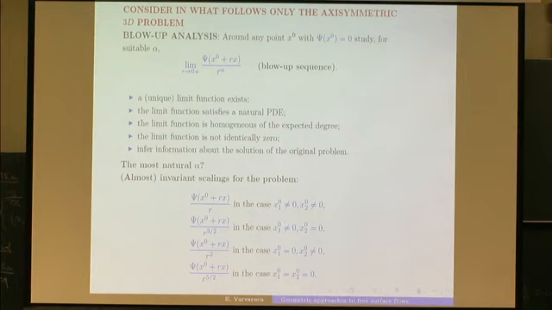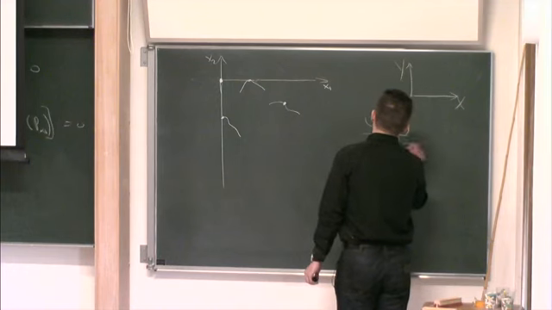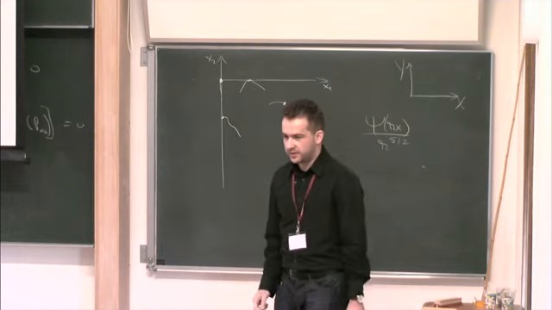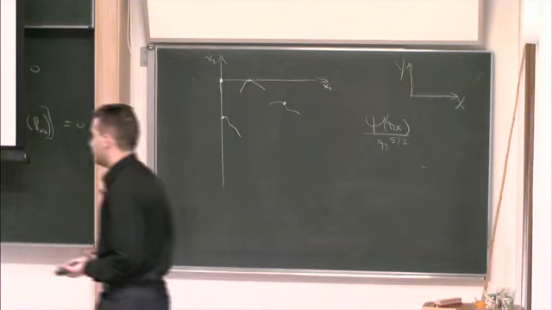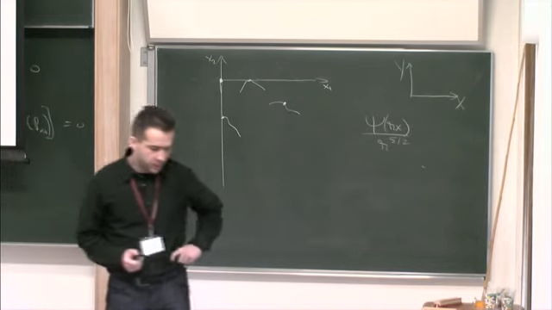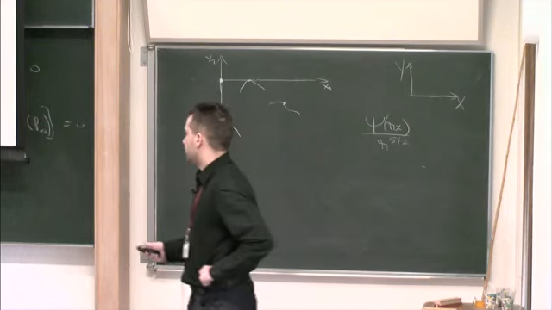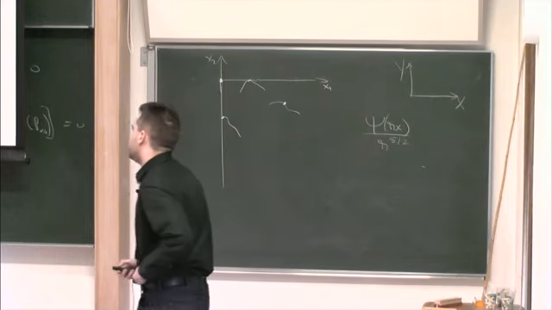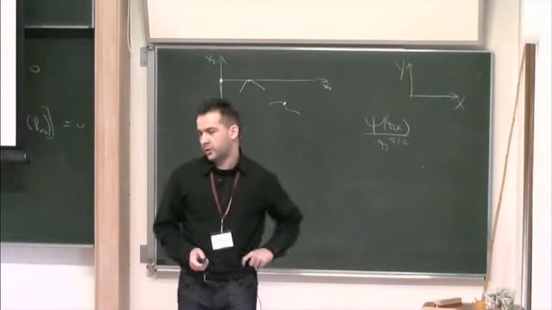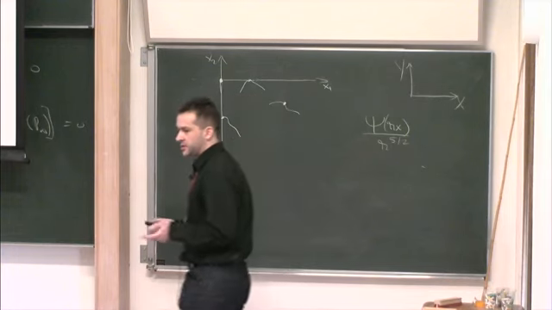So if we have a solution of the problem and we replace it by psi of Rx over R to the 5/2, it is a solution of exactly the same problem. At all the other points, we identify exponents 1, 3/2, 2, and so on. So if we replace psi by these rescaled functions, we don't get solutions of exactly the same equation, but of perturbations which maybe disappear in the limit.